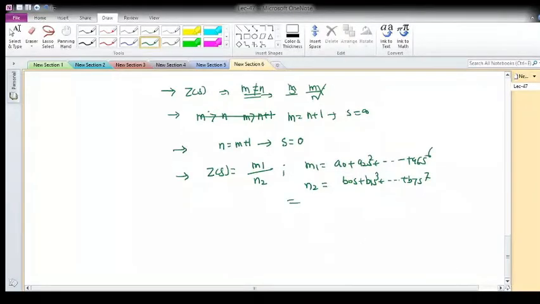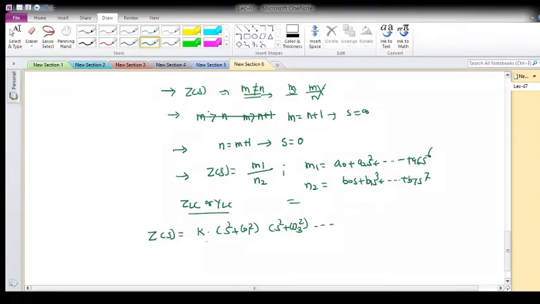Now let us write the general LC impedance, or the LC driving point admittance. Let me write the driving point impedance for an LC network, which will be a constant K times s, times s squared plus omega 1 squared, s squared plus omega 3 squared, like this, divided by s squared plus omega 2 squared, s squared plus omega 4 squared, like this.